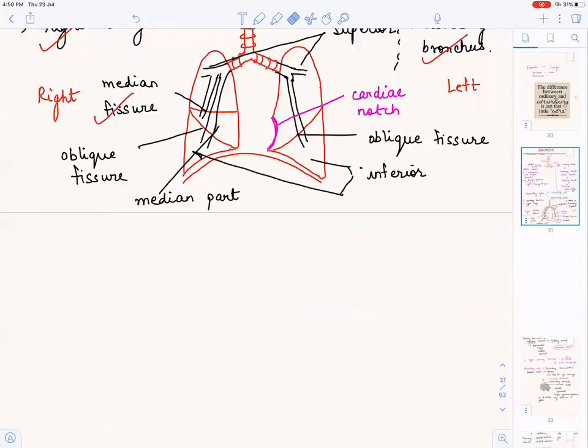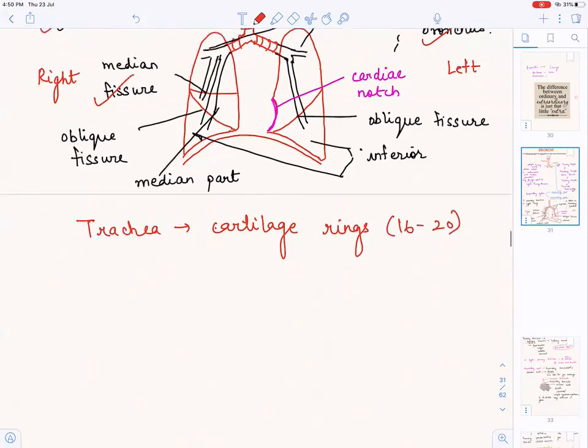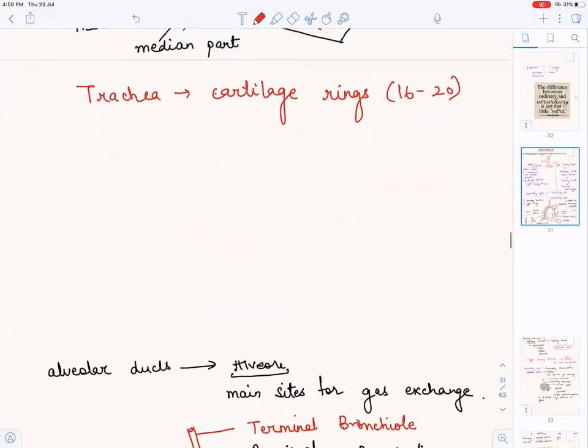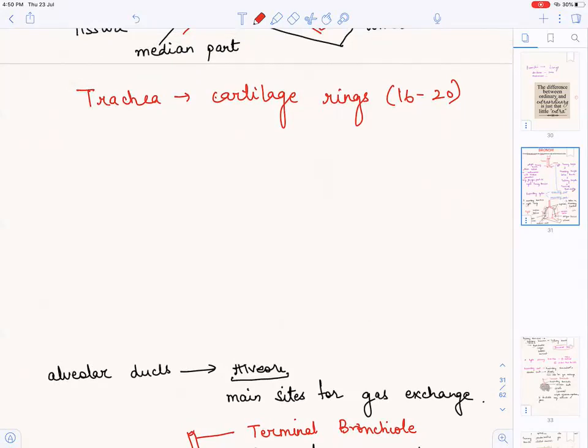As we had seen, in the trachea there were 16 to 20 cartilage rings that were preventing it from collapsing. These cartilage rings continue in the primary bronchus to the secondary bronchus.